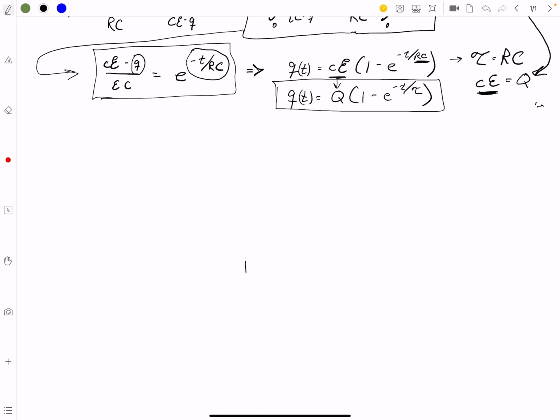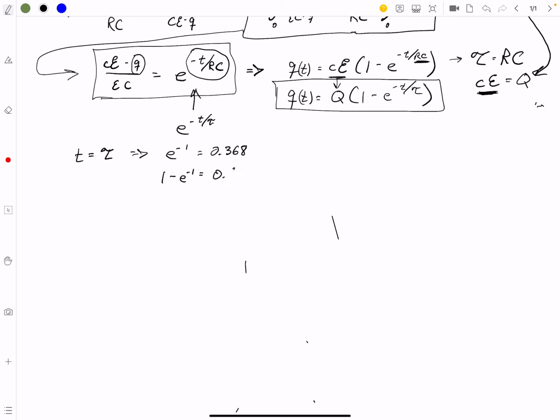You know what? Before we do, let's do a thing. Let's ask ourselves about this right here, which is really e to the minus t over tau. And what happens when t equals tau? Well, then we've got e to the minus 1. And e to the minus 1 is equal to 0.368. 1 minus e to the minus 1, well, that's just 1 minus that.